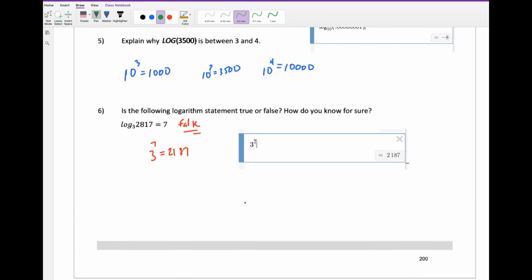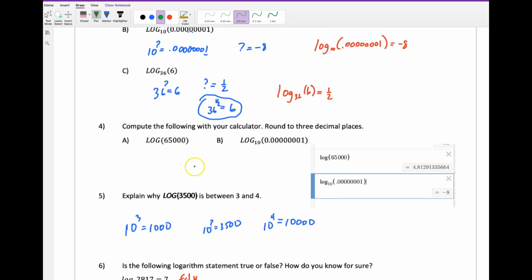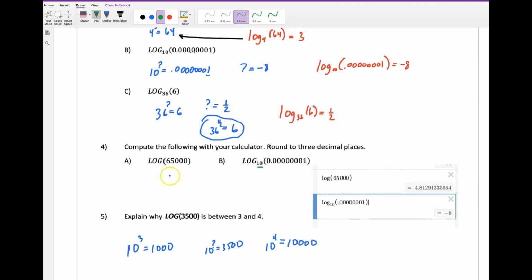And then looking at these last ones here, explain why log of 3,500 is between 3 and 4. Now, what we're looking at is sometimes you have this 10 here. Sometimes if you don't see a number, it really means 10. Log base 10. So you don't have to write it. If you don't see a number, it's really your 10 right here.